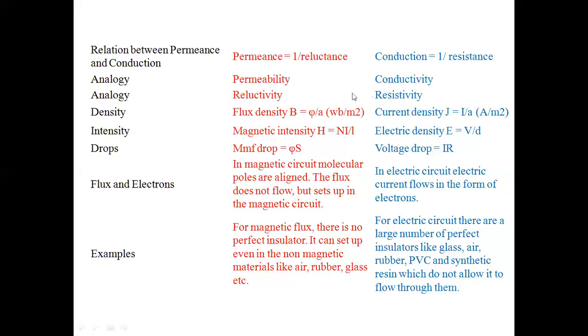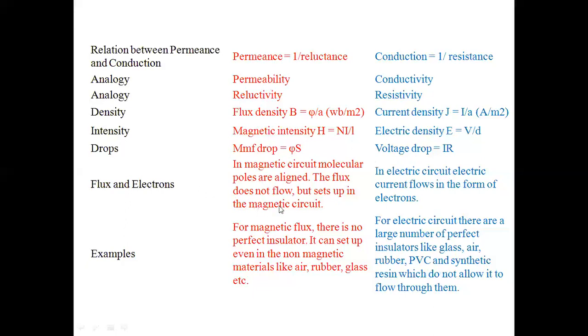Flux density is flux per unit area in the magnetic circuit, and current density is current per unit area. Now intensity, H equals Ni upon L, and electric intensity E equals V by d. Now the drops: MMF drop is flux into reluctance, and the voltage drop V equals IR.